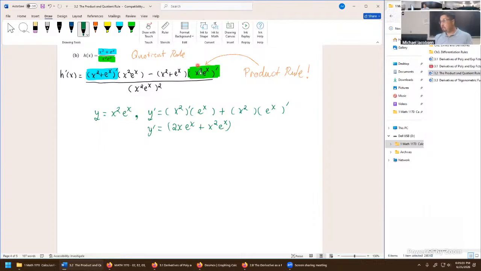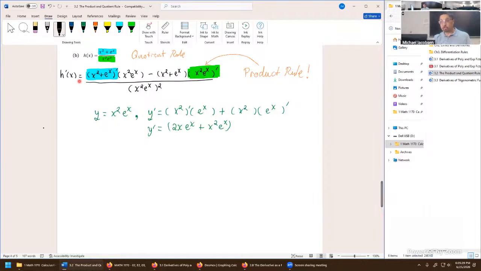But now we're unpausing the original derivative, h prime at x. We'll differentiate that as normal, and then just plug in our result here. Doing this as a whole separate problem just prevented us from having to copy a huge fraction line by line as we worked out the product rule, and it made the algebra just a little bit more controlled and easy to eyeball to spot any mistakes that might occur.